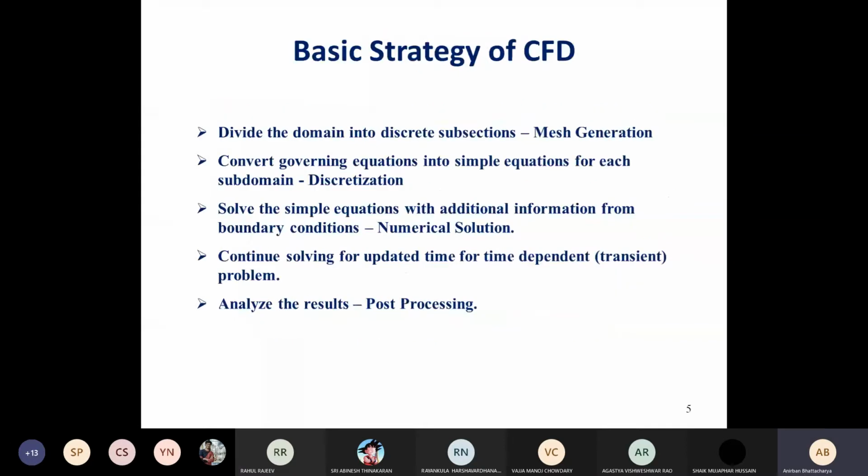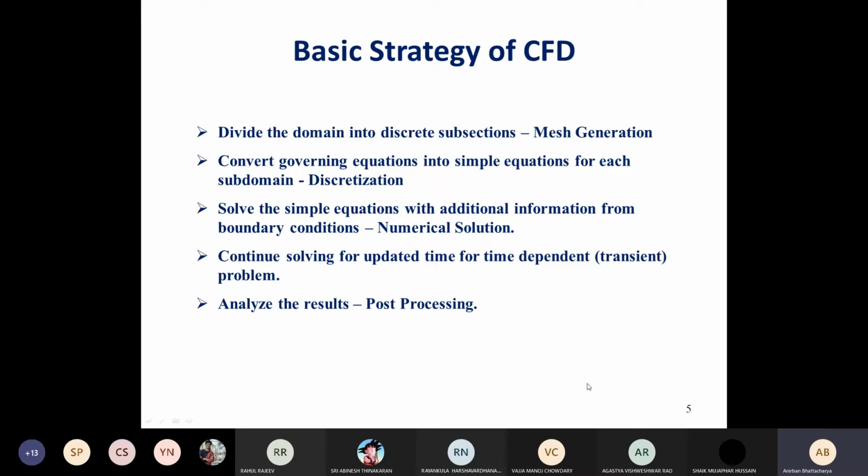Then we were discussing the basic strategy, or the basic steps, involved in solving a CFD problem, and we noted that the major steps are to consider a CFD domain, divide it into subdomains, then consider a set of equations which we call governing equations, such as the energy balance equation and the Navier-Stokes equation.